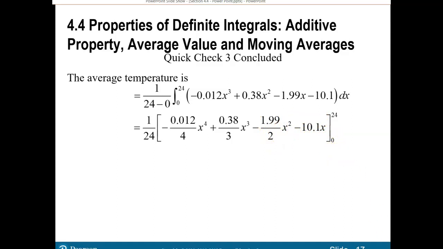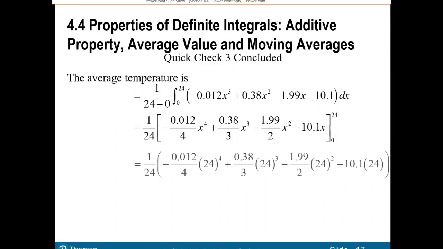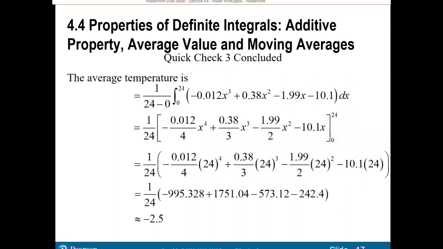From 0 to 24. Plug in 24. If you plug 0 in, notice everything is 0. So they've just shown the plugging in 24. It's technically minus 0. Clean up each term and then evaluate to simplify, and you get negative 2.5. So the average temperature or average value of temperature over that time frame is negative 2.5.